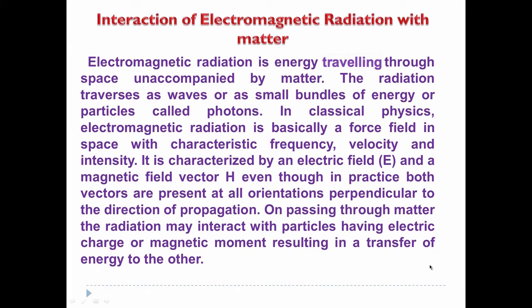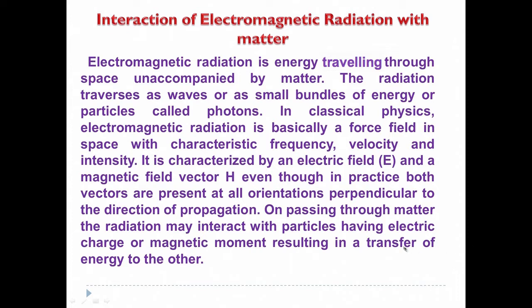So, in classical physics, electromagnetic radiation is basically a force field in which the radiation is characterized by the frequency, velocity and intensity. For example, we may say I have an electromagnetic wave corresponding to 490 frequency, its velocity is 3 into 10 raised to 10 centimeters per second, and its intensity is so many lumens.